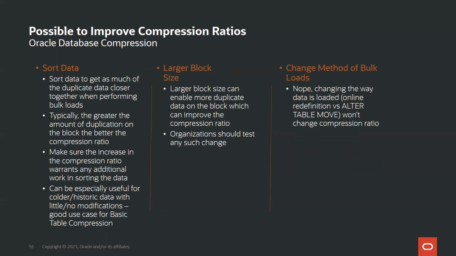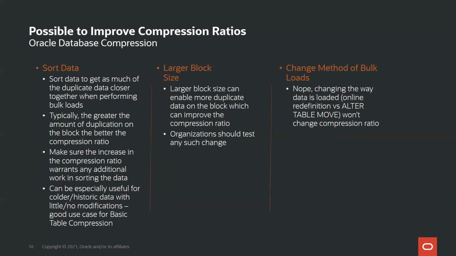One thing I will suggest is that you want to test this. You want to make sure that the effort it takes doesn't outweigh the benefits in terms of compression. If your compression ratio before sorting was, for instance, 2.0, and you sort the data and your compression ratio becomes 2.1, the effort probably isn't producing a great enough compression ratio to make it worthwhile.